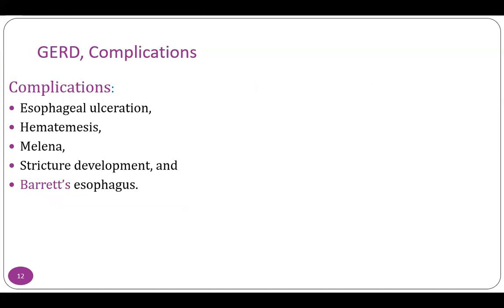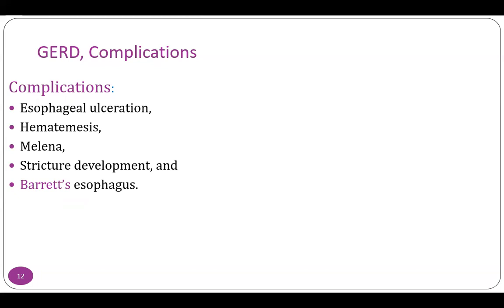The complications of reflux disease: we can have ulceration, hematemesis, melena, and rarely strictures. In real life practice, the most important complication of reflux disease is Barrett esophagus. Why?